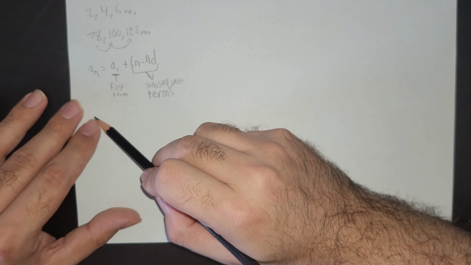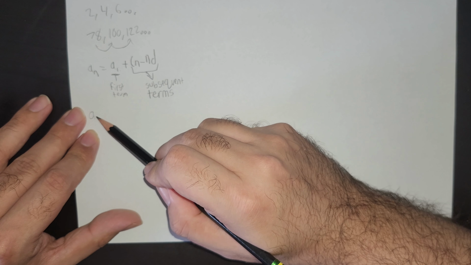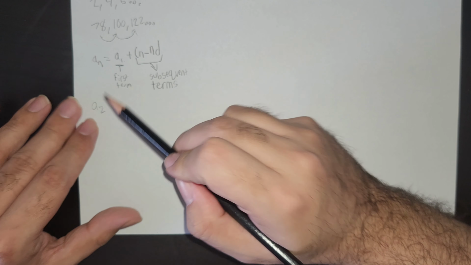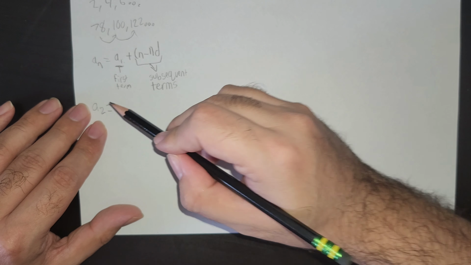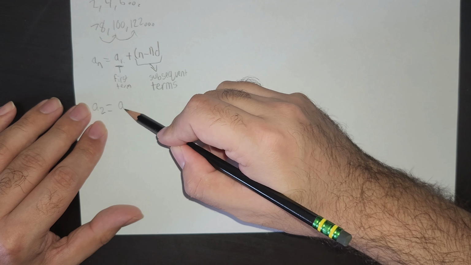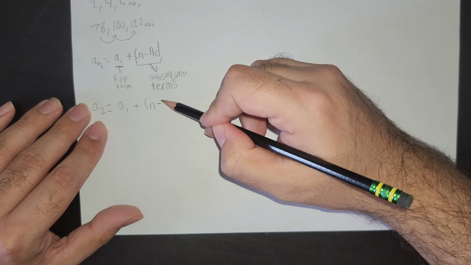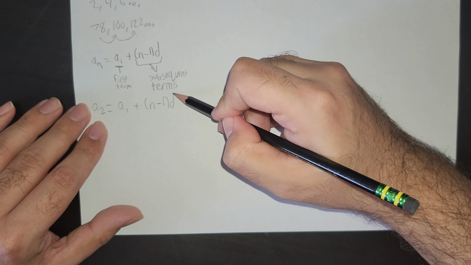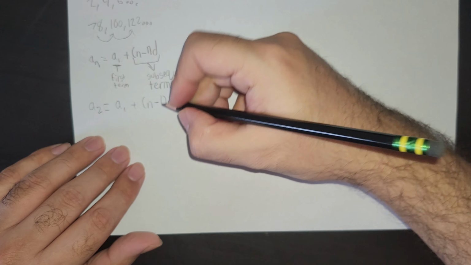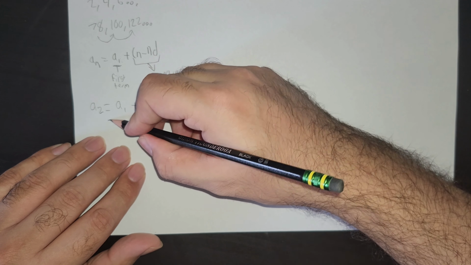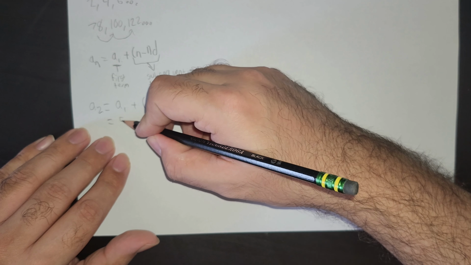So if we're saying, for example, that n is equal to 2, we are in the second one of the series. And we're going to say that a1 is equal to 5.